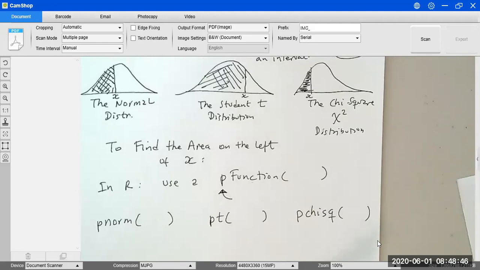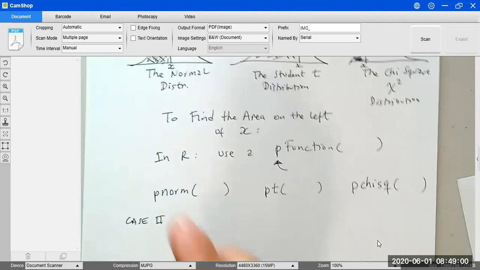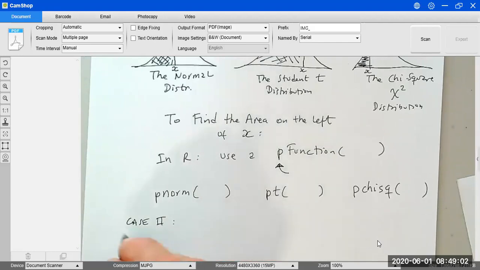The other case, the second case, is when you are given the area and you need to find x. So that's the opposite case, the inverse case. So case 2 is going to be the inverse case.